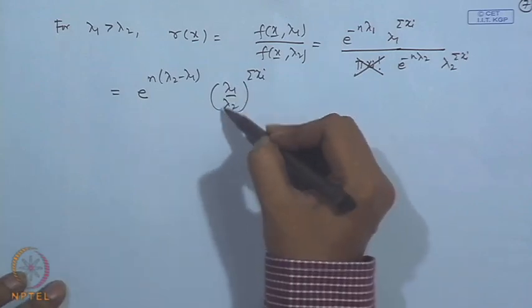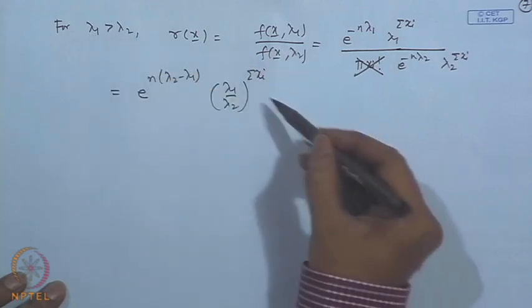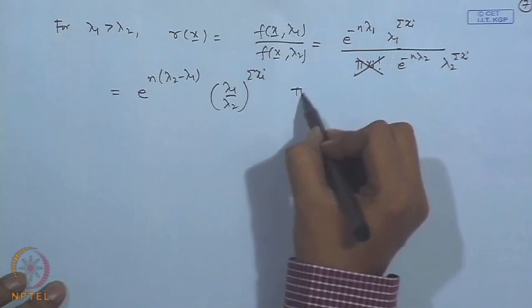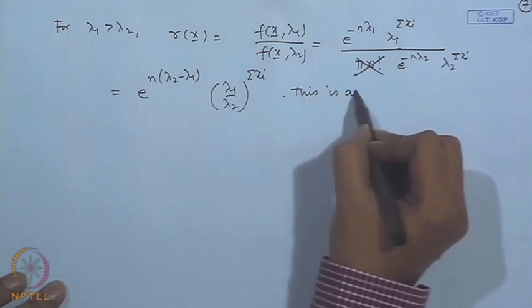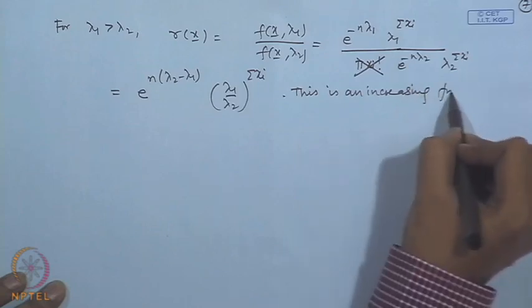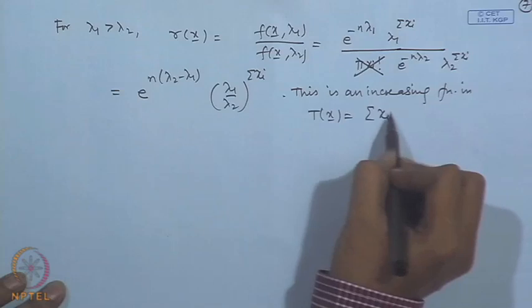This λ1/λ2 is greater than 1, because λ1 is greater than λ2. Therefore, this will become an increasing function in T(x) = Σxi.